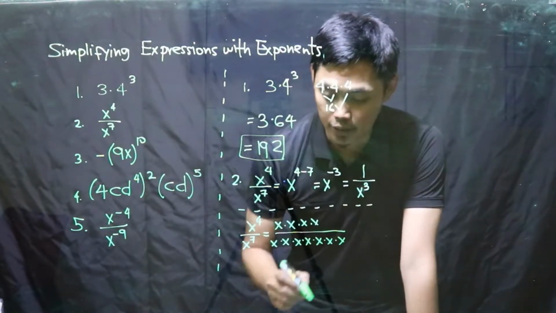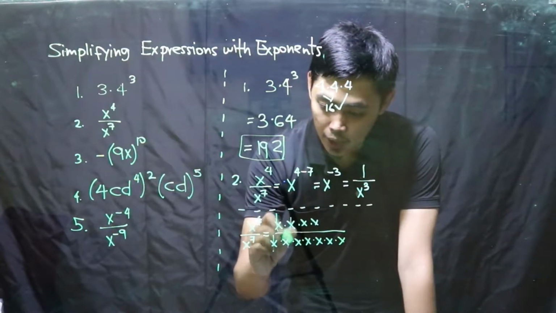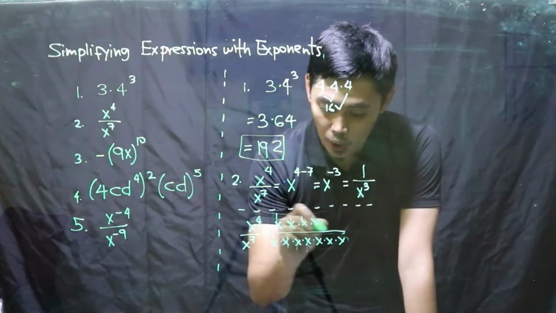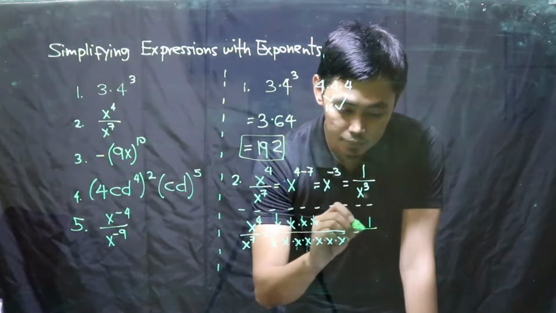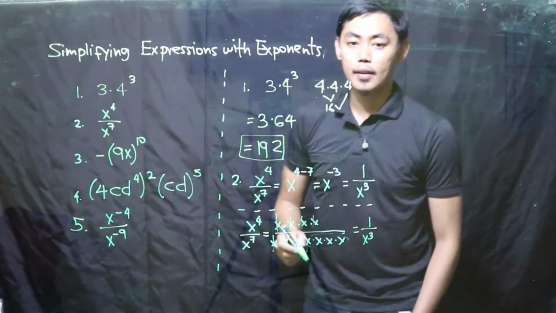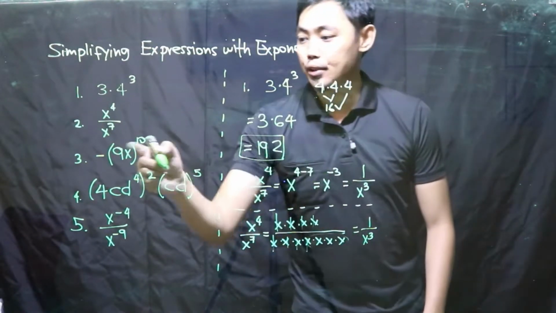That's 7 x's. So x divided by x is 1, 1, 1, 1. We are left with 1 over x to the power of 3. Hopefully you understood that one. Let's go to number 3.